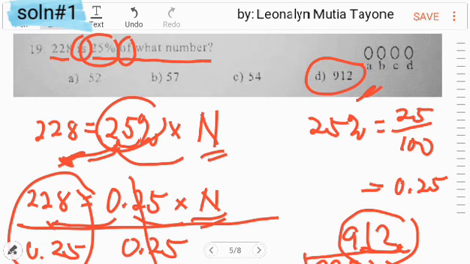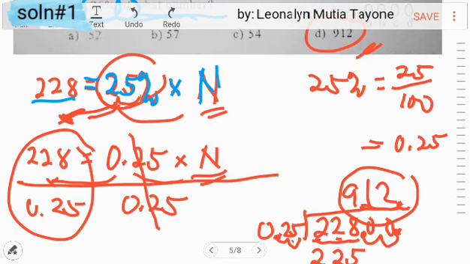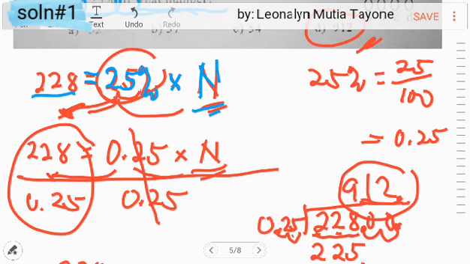Uulitin ko. 228 is 25% of what number? Kopyahin si 228 is equals yan siya. Kopyahin si 25% of, multiplication yan siya. Let n be that number na hahanapin natin. Then, para ma-isolate si n dito, itong si 25 na pang-multiply sa n, pang-divide siya sa kabila.